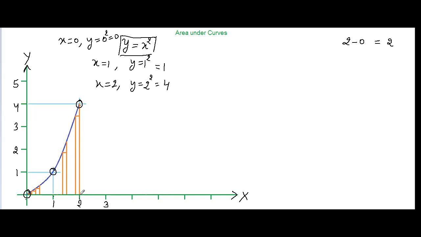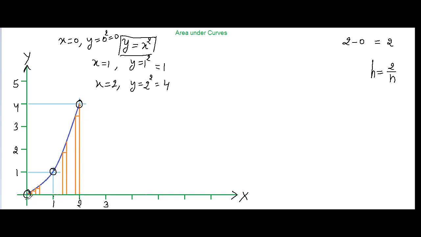We have made n equal parts of this. Each equal part is of width h. So we are erecting the rectangles on each small part which is of width h. So we have made n rectangles below this curve on the x-axis.